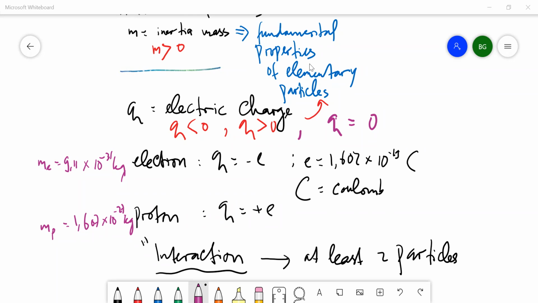Okay. For example, if you apply for a passport, the questionnaire in the passport form doesn't ask for your DNA or your fingerprint.